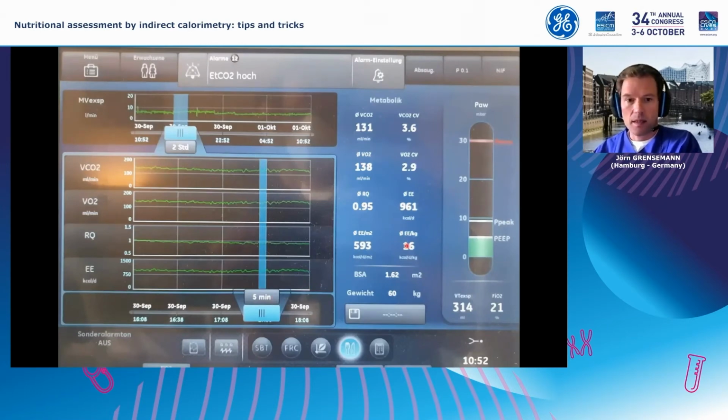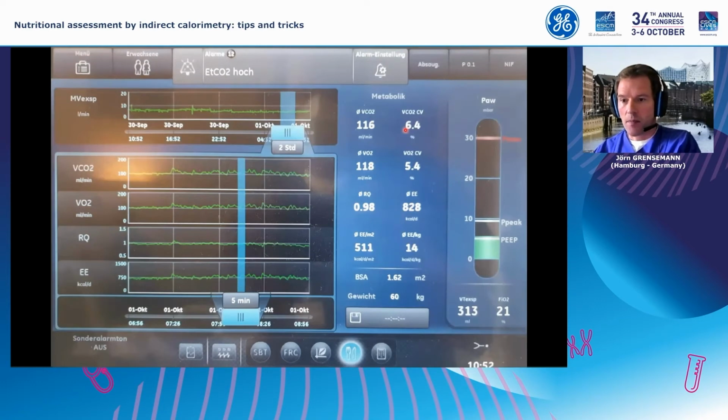We pick two different time points per day and ensure again that our measurements are okay: low coefficients of variation, respiratory quotient okay. And now you see here, it's a little bit above 5%. Not very much.